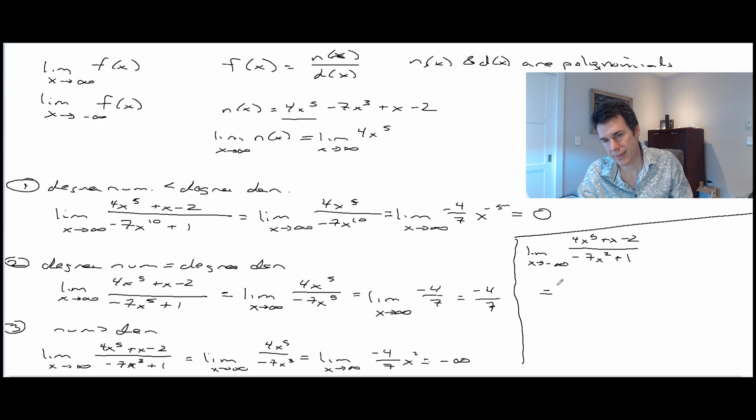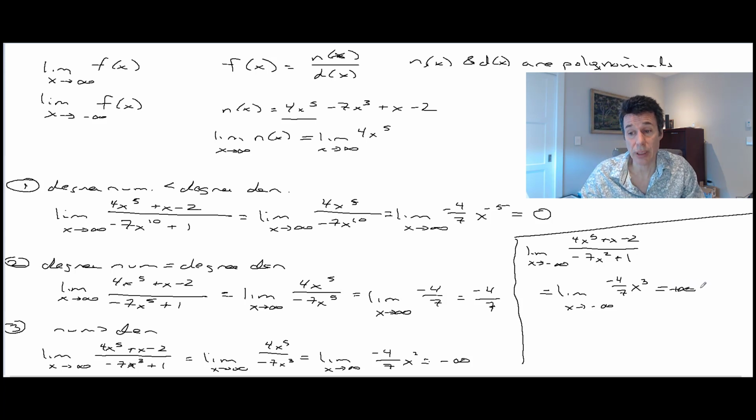And so that's the same as the limit as x goes to negative infinity of negative 4/7, and now we've got an x cubed. Well, when x gets really big and negative, x cubed becomes even bigger and negative. We have a negative times a negative, so that's going to equal positive infinity.